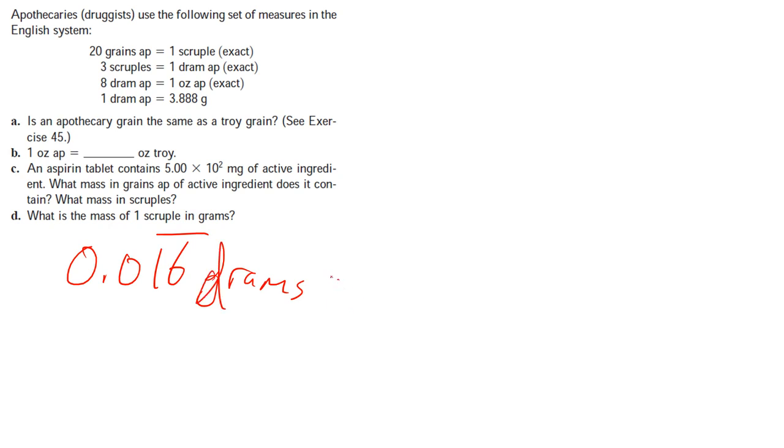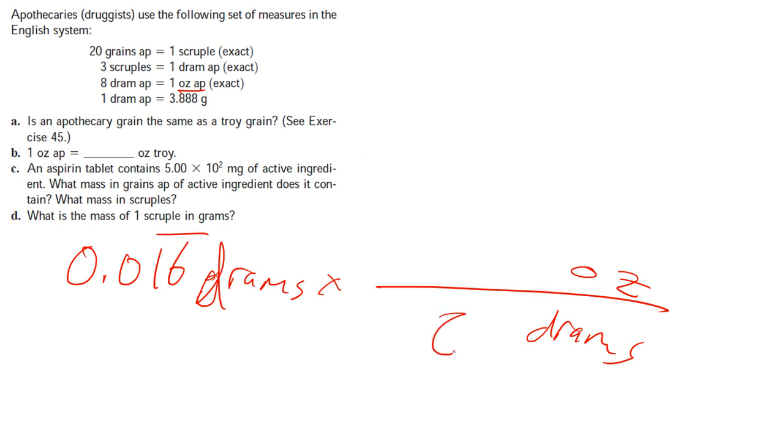Why do I write grams? Okay, so we have grams on the bottom. We want to convert it to OZ. I believe that's ounces in America, I'm not sure. Once again, I'm in Canada, so I don't really use these units often. Anyway, 8 grams is equal to 1 ounce.